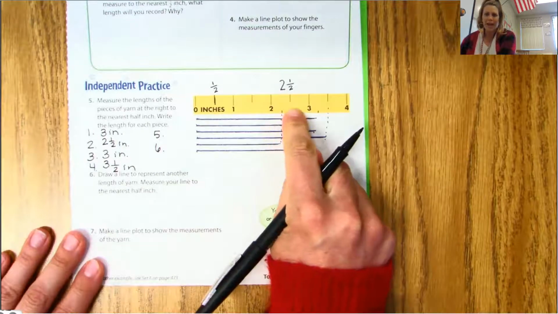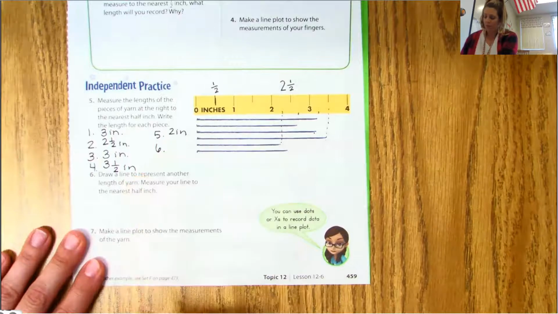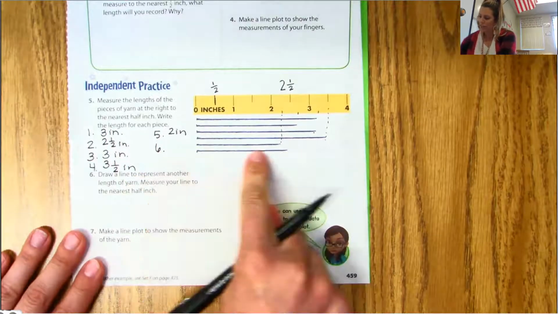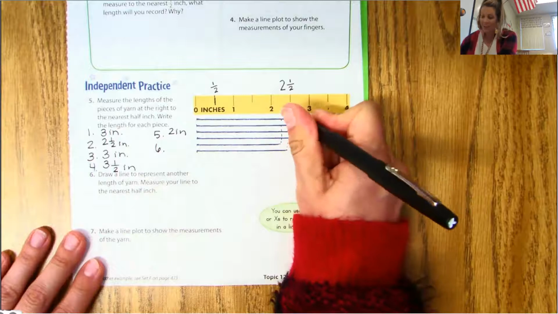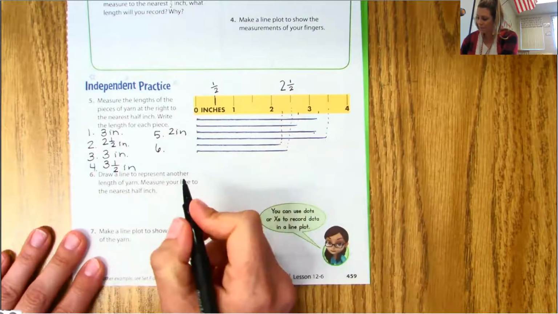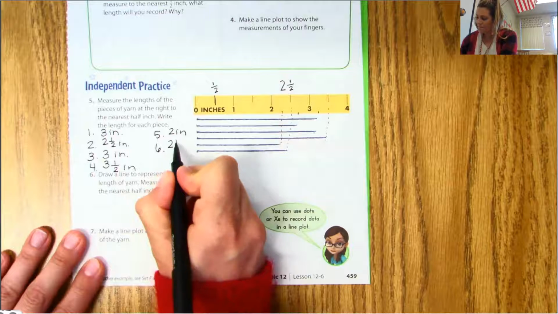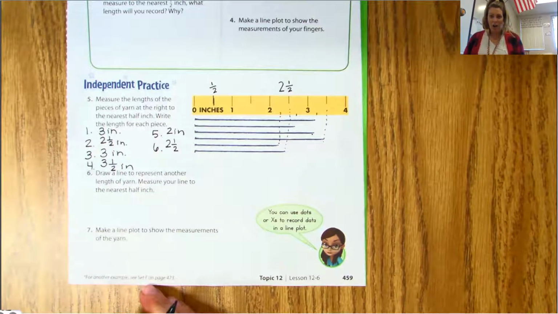Not quite at 2.5, so we're going to say that's 2 inches. And then if we look at our last string, it's a little bit longer than string number 5. And it's right at 2.5. All right, so we got our data points.